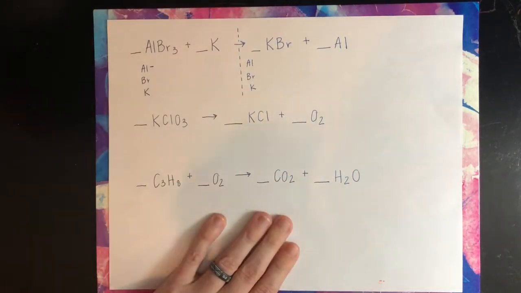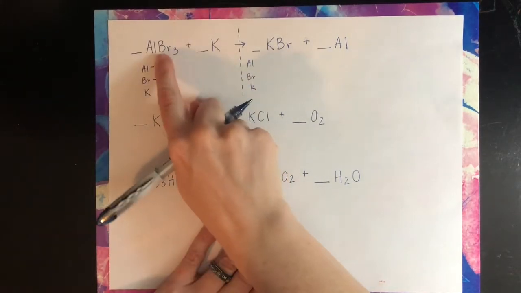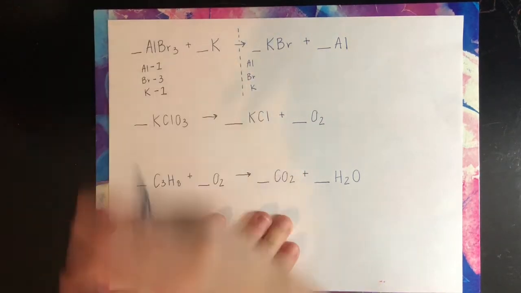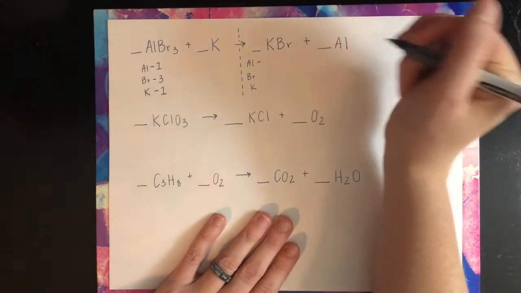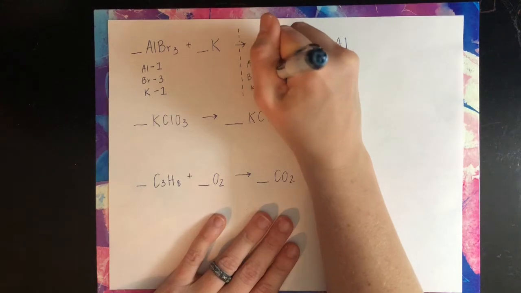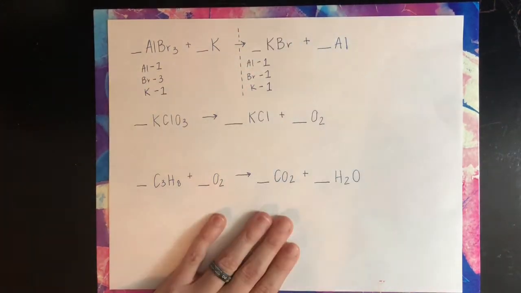So on the left, I have 1 aluminum atom, 3 bromine atoms, and 1 potassium atom. On the right, for the products, I have 1 aluminum, 1 bromine, and also 1 potassium.